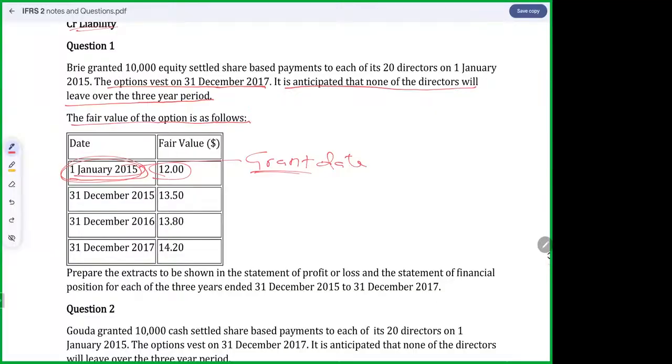We are told here, Bri granted 10,000 equity settled share-based payments. Ladies and gentlemen, we must first of all appreciate which is really the method of paying these employees.